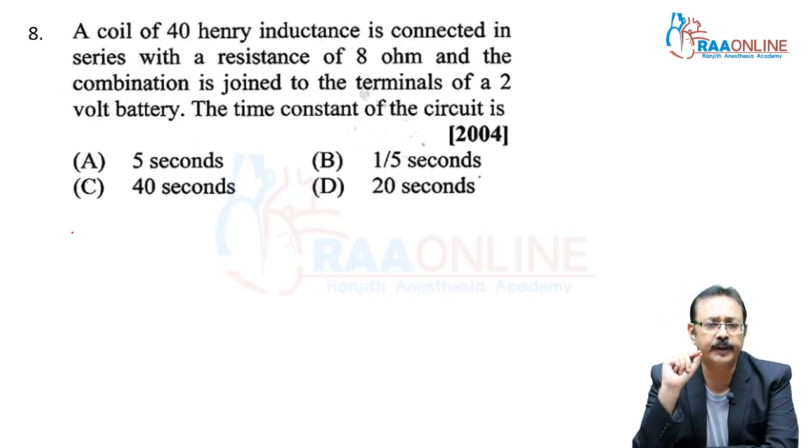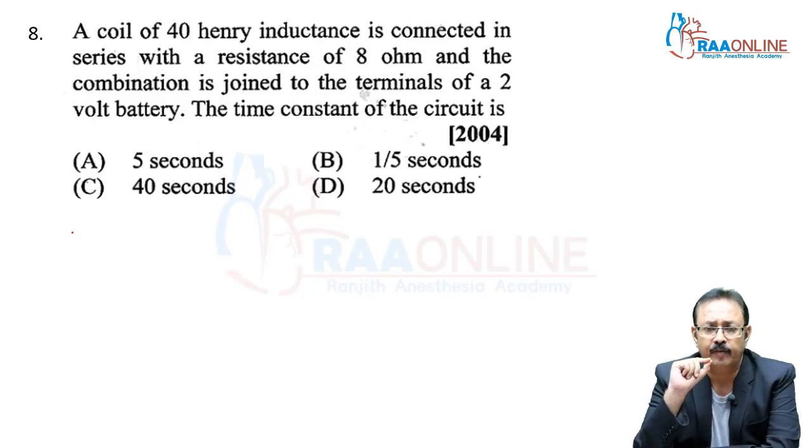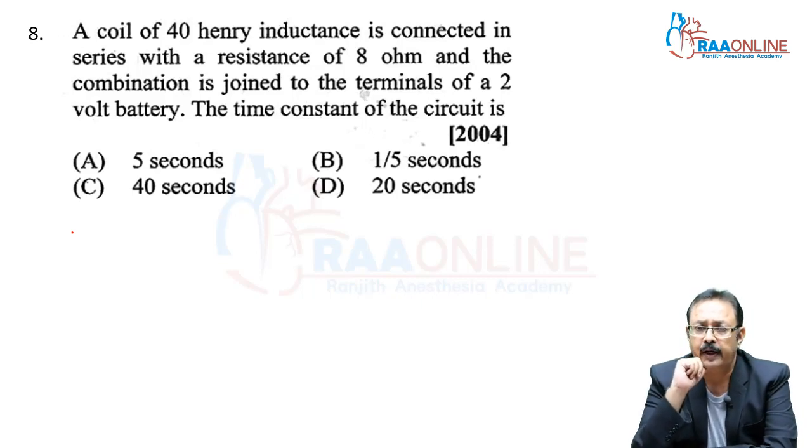A coil of 40 Henry inductance is connected in series with a resistance of 8 ohm, and the combination is joined to a terminal of a 2-volt battery.